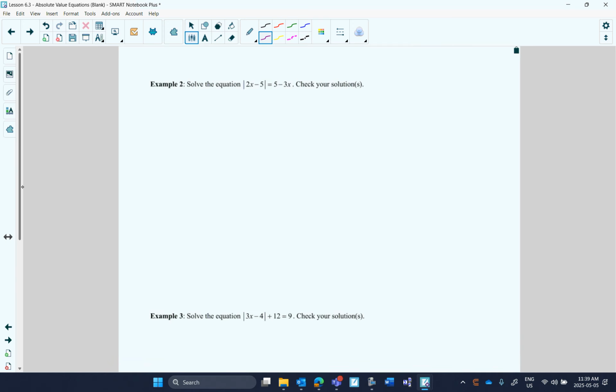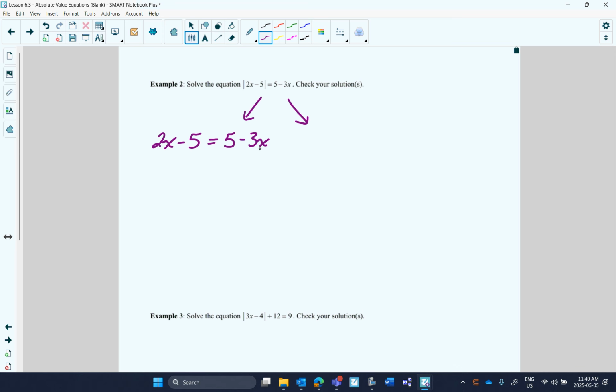So let's solve this equation. When we have an absolute value equation, we're going to make two equations and take out the absolute value bars. 2x minus 5 without the absolute value bars is equal to the positive of the right side, which is just the same thing, right?